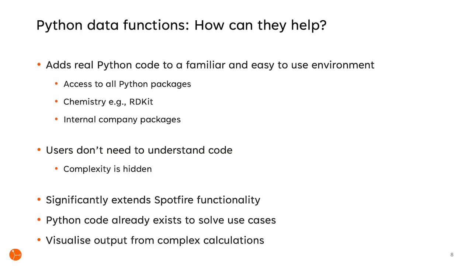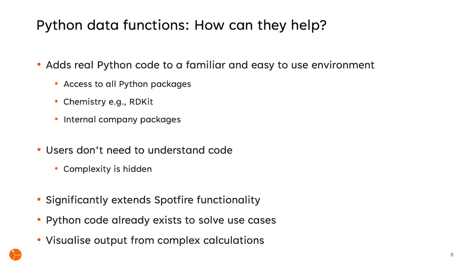So how can Python data functions help with this? Well, the thing with Python data functions is that it adds real Python, and that's important, the real Python part, to a familiar and easy to use environment, i.e. Spotfire. And when I say real Python, what I mean is you've got access to all of the Python packages, and you can install them on the Spotfire servers.